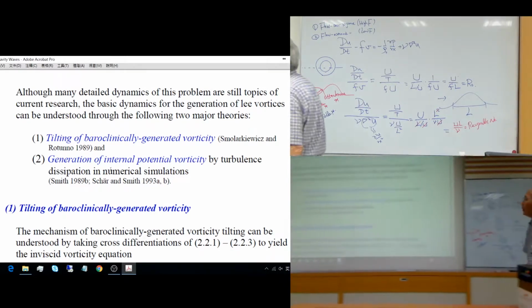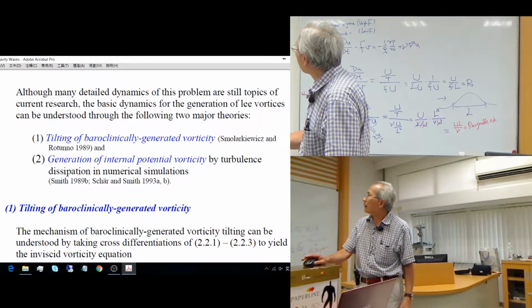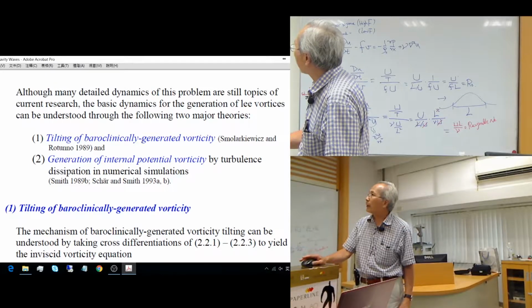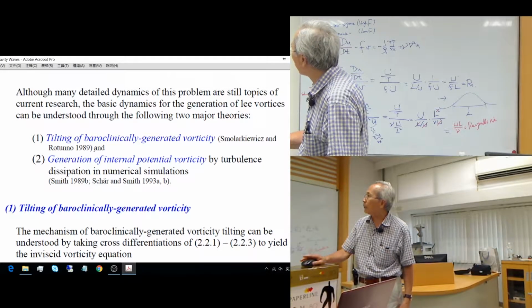The first group calls it the tilting of baroclinically generated vorticity, proposed by Smolarkiewicz and Rotunno in 1989.